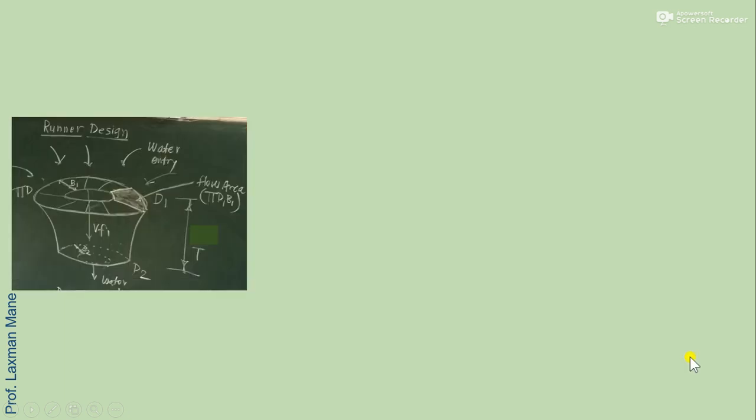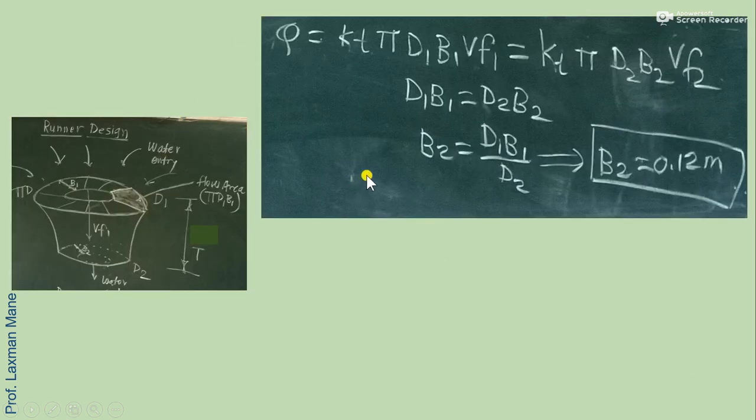Okay, now once again, as the discharge is constant at points 1 and 2, we can get this relation by arranging the equation in the form of Vf2. We found this equation. So D1, B1 and D2 we already calculated.